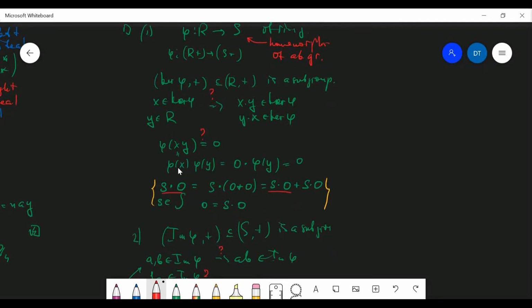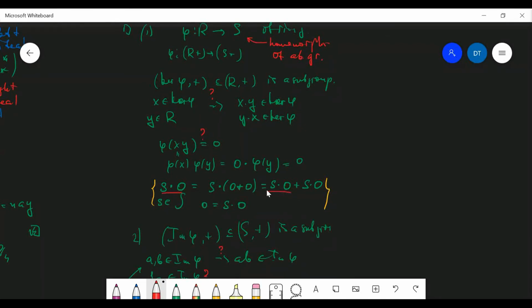Here I use the property that phi is a homomorphism, and here I use the property that x is inside the kernel, so phi of x is 0. Now I need to prove that if I multiply 0 by any element of the ring, I will get 0. Here is a separate proof for this claim. If you take an arbitrary element S of the ring S and multiply it by 0, it's the same as this, because 0 plus 0 must be 0.